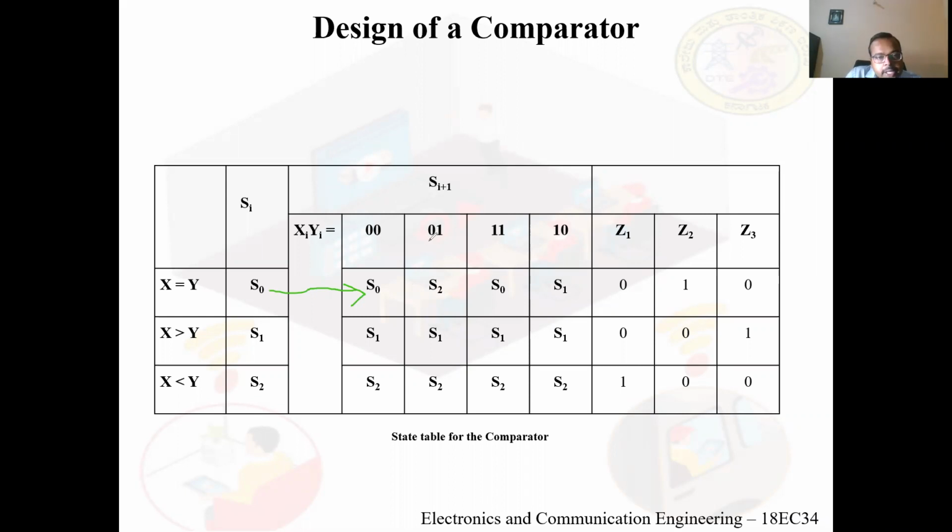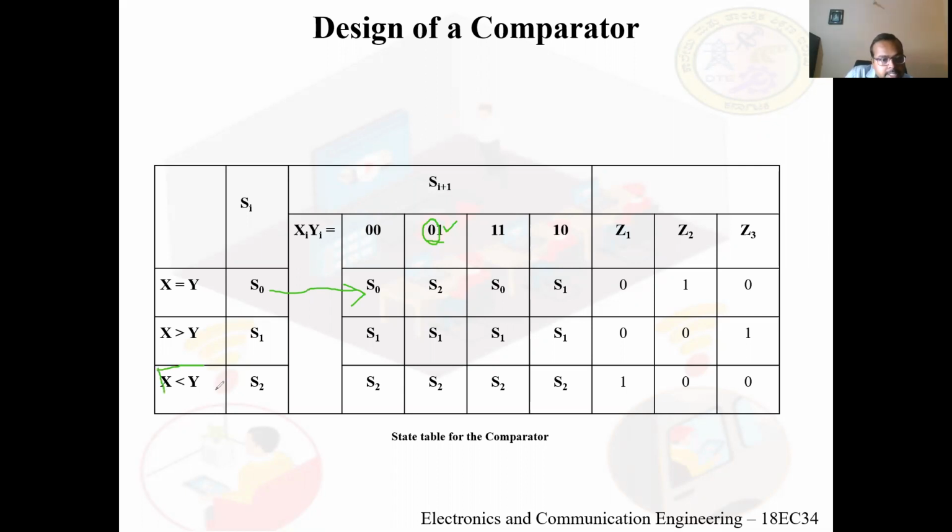Now when the input is 0 1, it means that X is 0, Y is 1. Now what is happening here? Y is 1, X is 0 here. Till here we know that X was equal to Y. Now Y is 1, X is 0. So we know that X is less than Y. Since X is less than Y, which is the state we have?